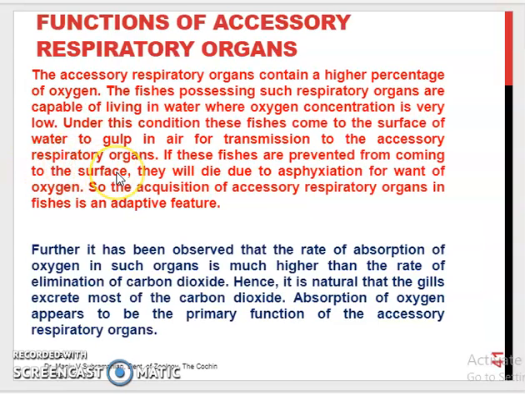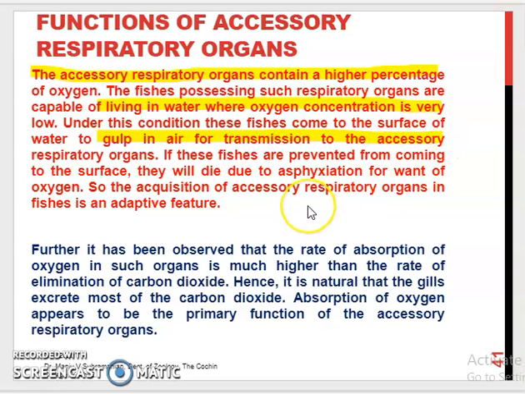As for the function of accessory respiratory organs, as you all know, they contain a high percentage of oxygen, and fishes possessing such organs are capable of living in water where the oxygen concentration is very low. Under this condition, these fishes come to the surface of the water to gulp in air for transmission to the accessory respiratory organ.